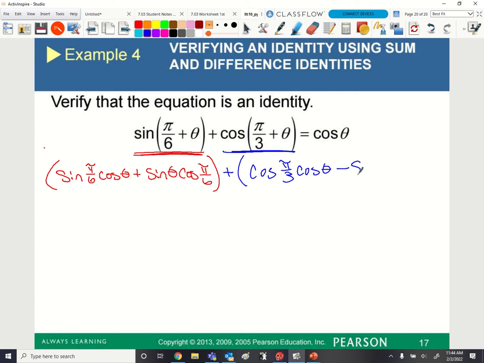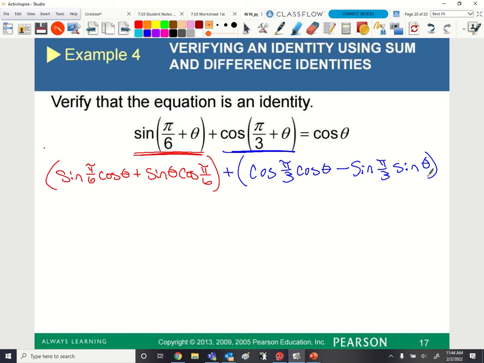So now it's going to be sine of pi over 3 times sine of theta. So that's everything on the left side here. Everything on the left side is saying that it's going to end up becoming just cosine by itself.